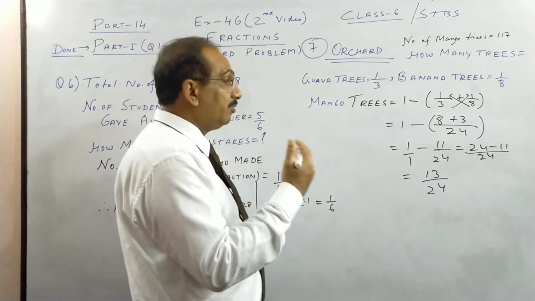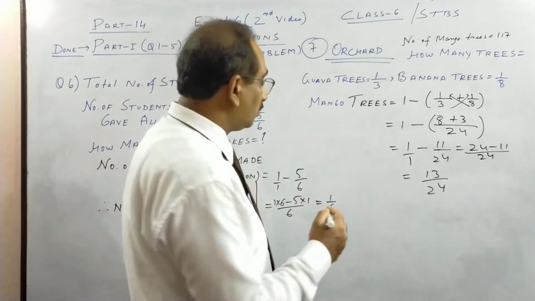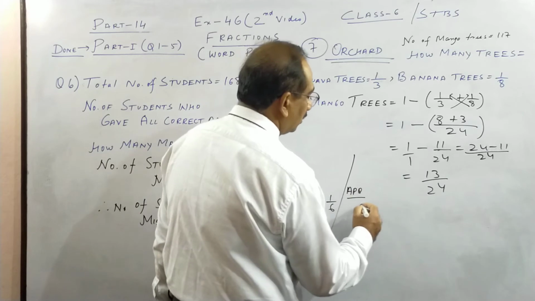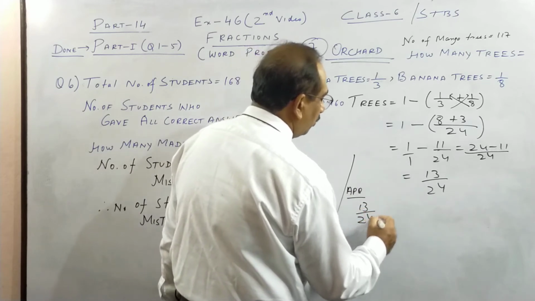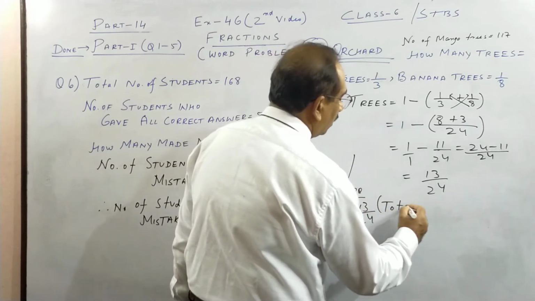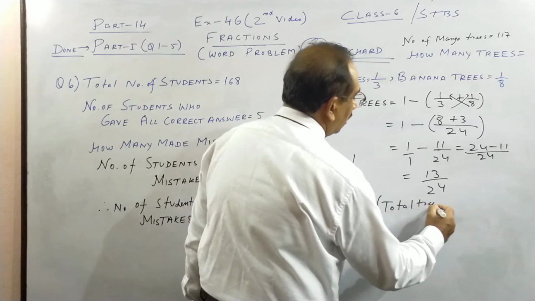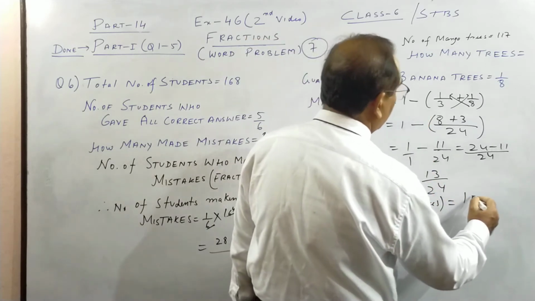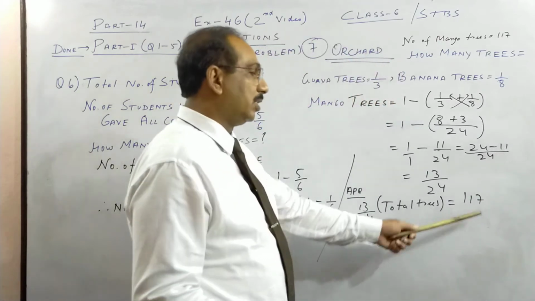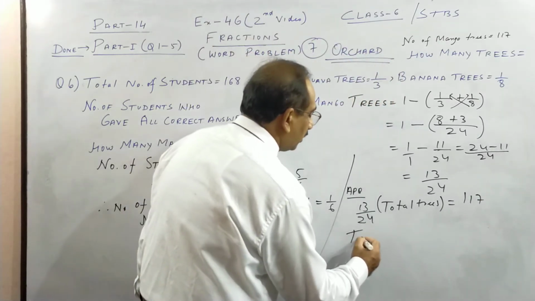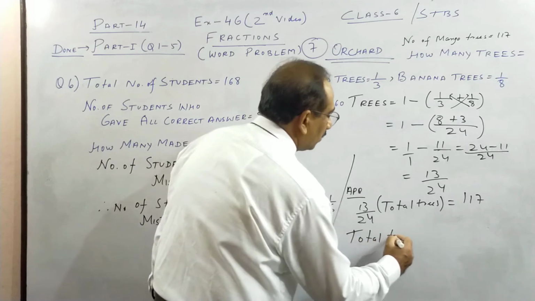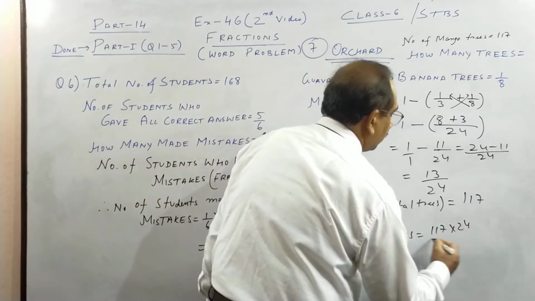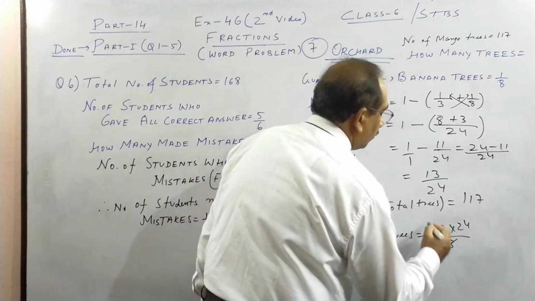So we have to find, with the number of mango trees, what is the total strength. As per the question, children, 13 by 24 of the total trees is equal to the mango trees. This is the mango trees as a fraction and this is the mango trees as a number. So total trees is 117 into 24 by 13. 13 will go 9 times.